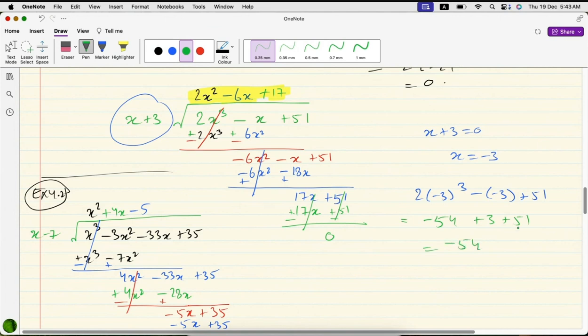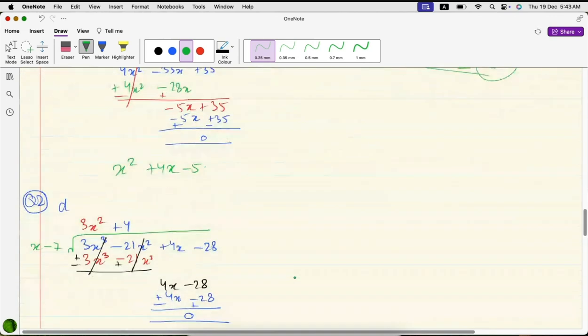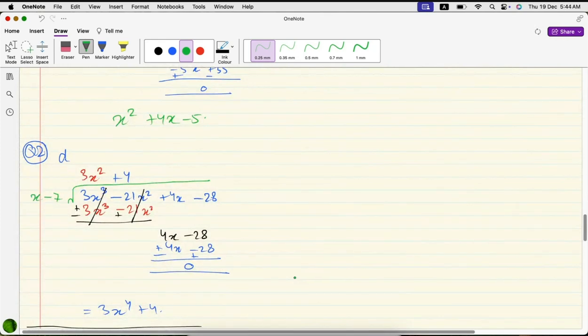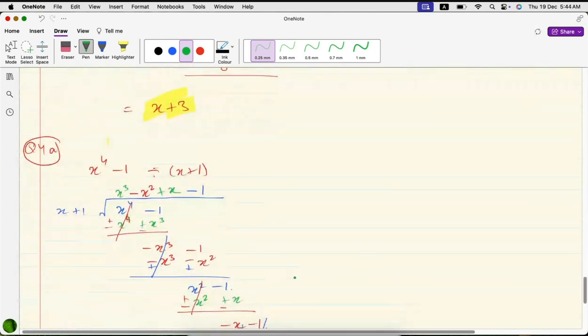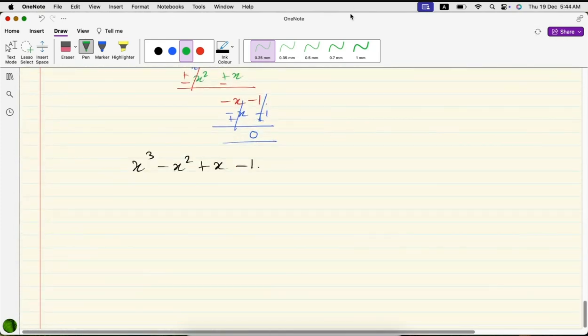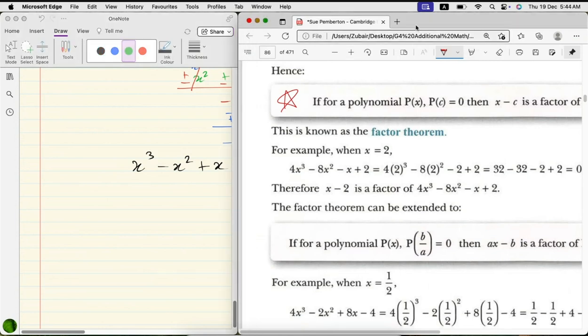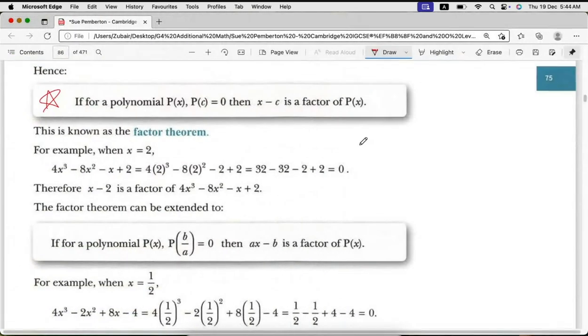That's minus 54 and 51 and 3 is plus 54 and we get 0. Whenever we substitute the value which was the factor, we are always getting 0 as a remainder, or we say no remainder. If it was not the factor, we will always end up with some value. So that is one thing how we check it.